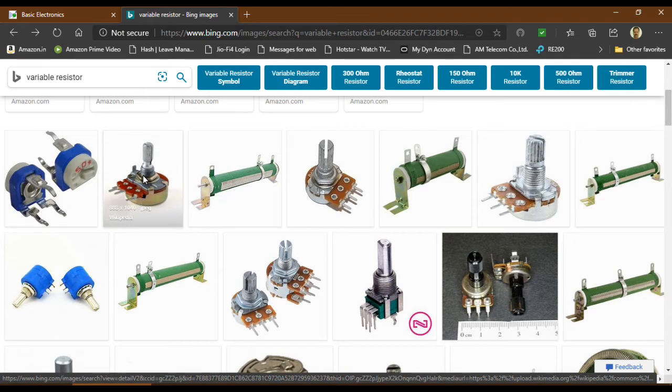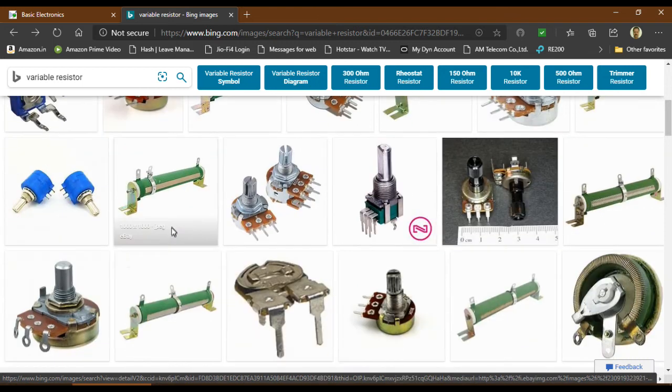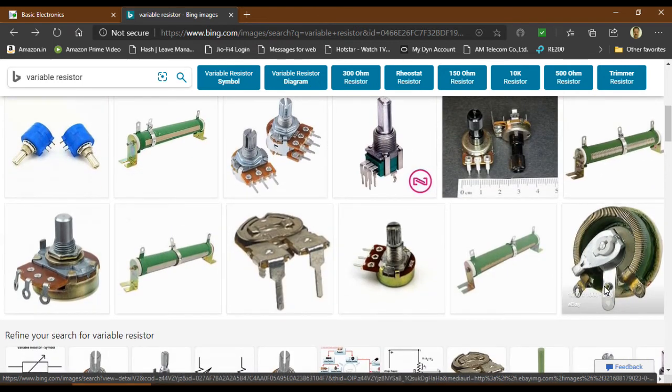This is a potentiometer, a rotating potentiometer. Inside this potentiometer you will get this kind of mechanism. Your main resistance value will be formed by these two ports only, and this is the wiper or shaft.